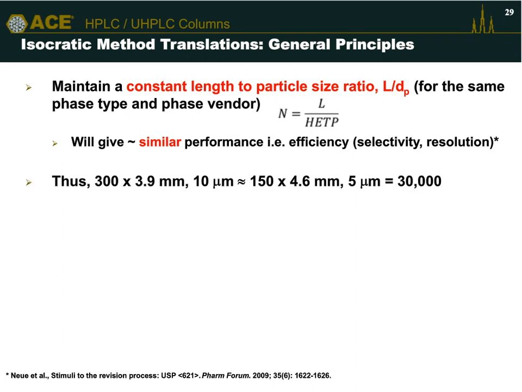So as an example, in a monograph that specifies a 300 mm by 3.9 mm column dimensions, 10 micron particle size, it's approximately equivalent to a 150 by 4.6 mm 5 micron column. The value is 30,000 for the L over DP ratio.